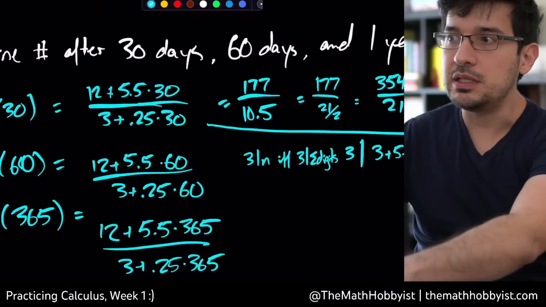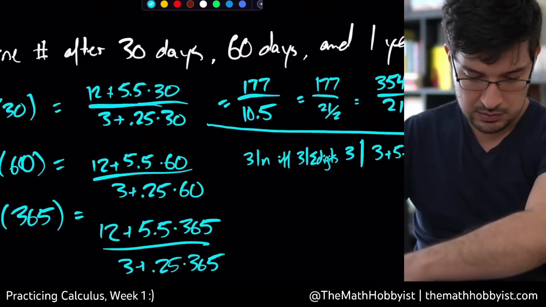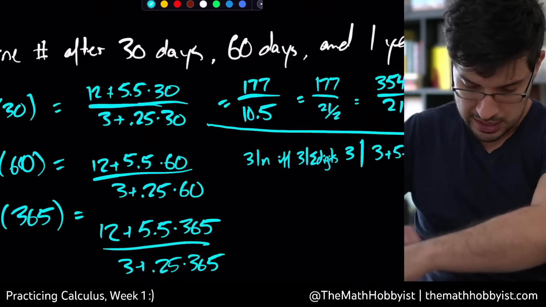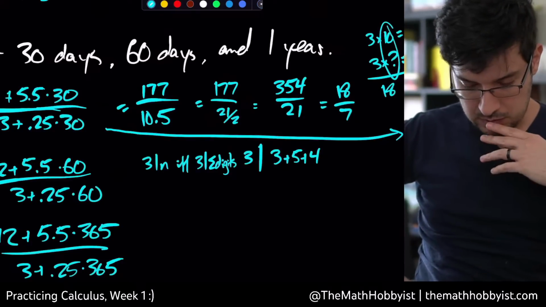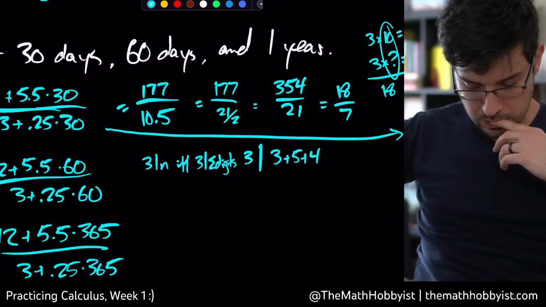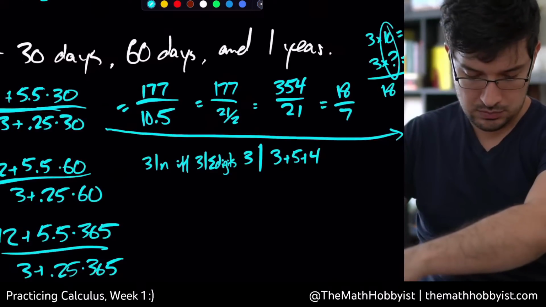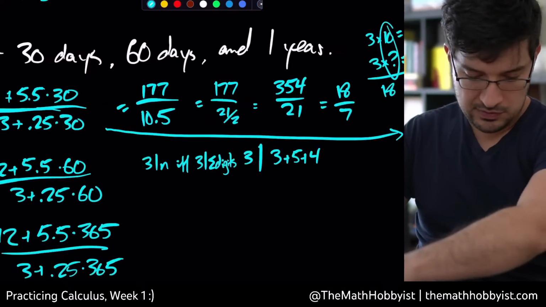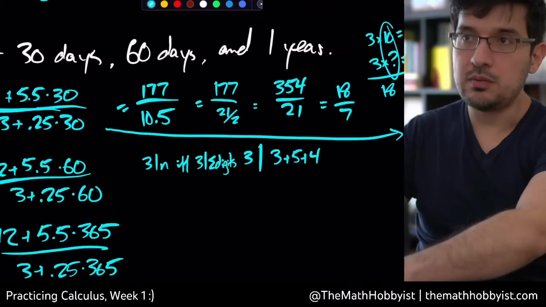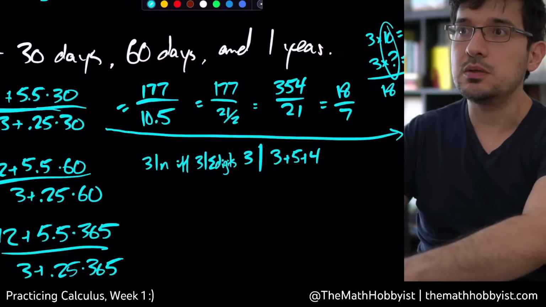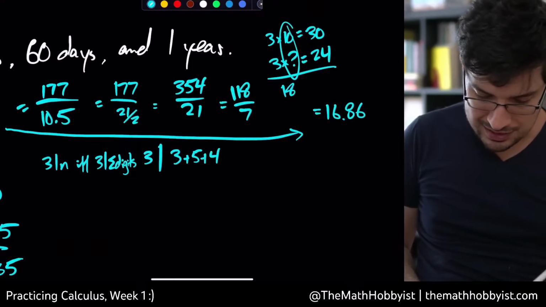Where did we do our math wrong? 12 plus 5.5 times 30 is 177. 3 plus 0.25 times 30 is 10 and a half. 10 and a half is the same as 21 over 2. 177 divided by 10 and a half is still the right answer. Oh, shoot. Okay, whoops.